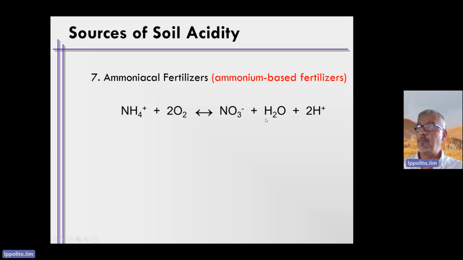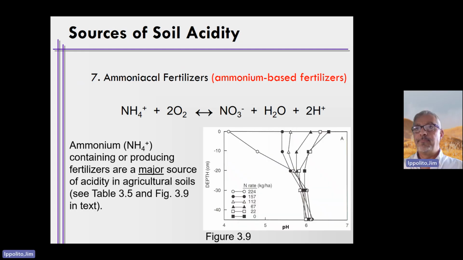But it can form nitrate plus water plus two free hydrogen ions. And if you add ammonium-based fertilizers at either excessive rates or at low rates but over long periods of time, you can generate enough acidity to drive pH values down from 8 to 5.5. So ammonium containing or producing fertilizers are certainly a major source of acidity in ag soils.